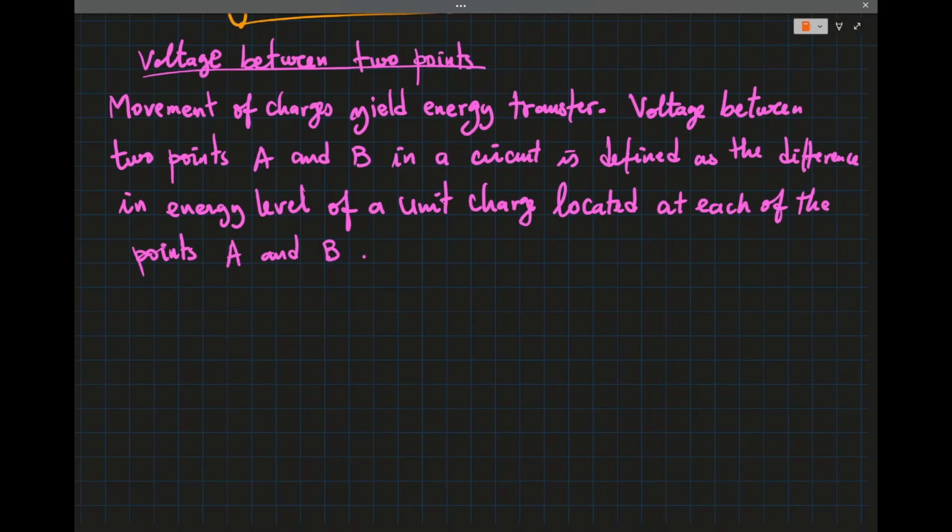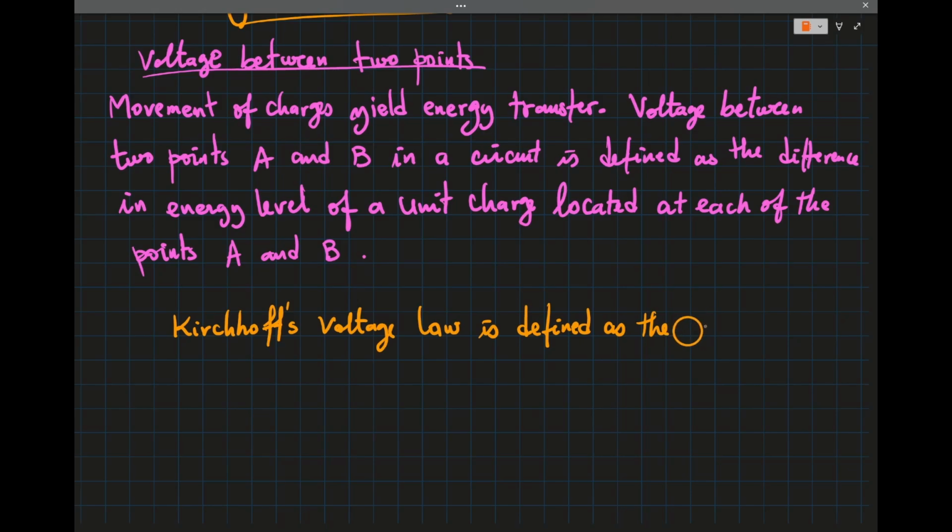Now KVL, Kirchhoff voltage law, is defined as the algebraic sum of voltages around any closed path in a circuit equal to 0.